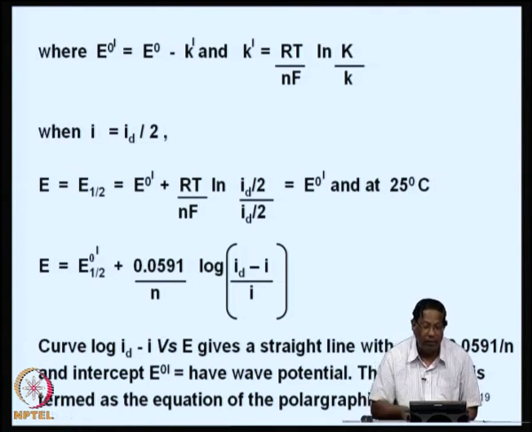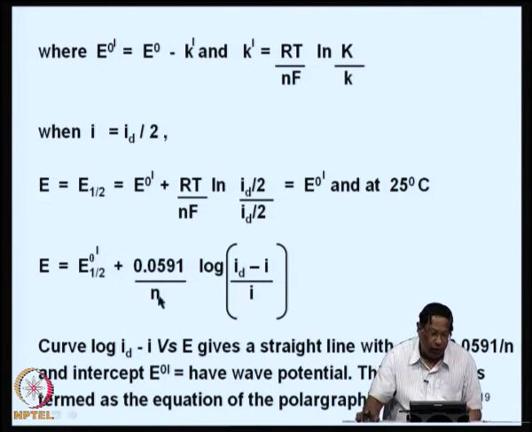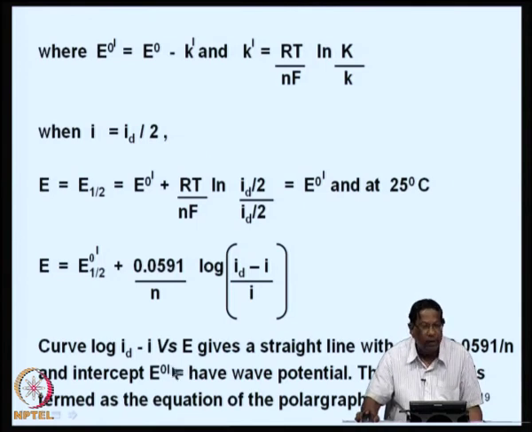If you plot log of (Id minus I) upon I versus E, you would get a straight line with a slope of 0.0591 divided by n. The intercept, where it cuts the x axis, would give you E naught dash, and that is the half wave potential.